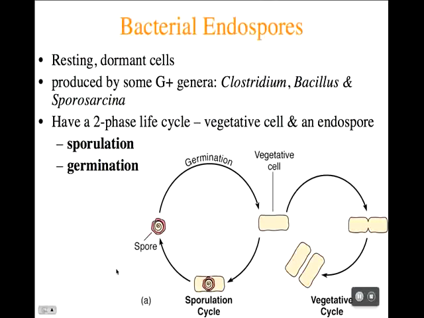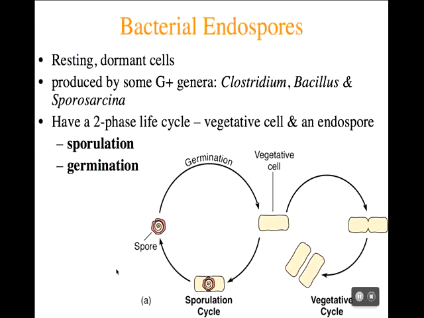The last structure that I want to talk about that some bacteria have are called endospores. Now, an endospore is a resting dormant stage of the cell. It's a way to survive in bad environments. I want to stress here that bacterial endospores are only formed by a couple of different cells.